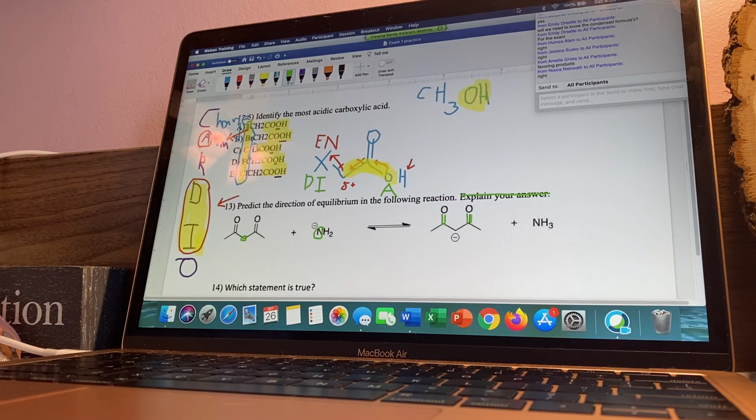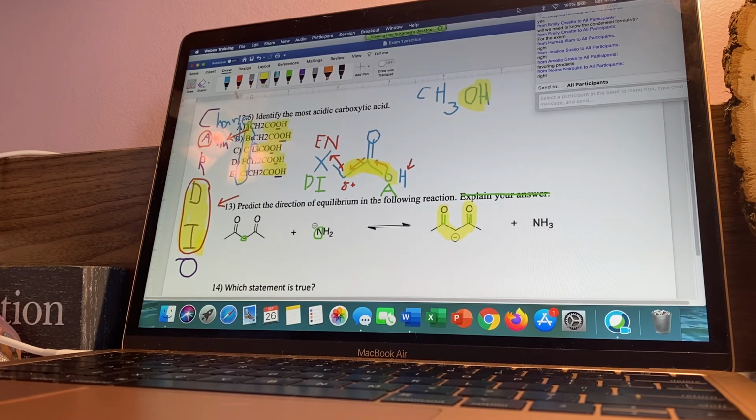They kind of guide you toward it. It's not totally perfect, but it helps. Reason being, remember how this negative charge can be delocalized onto both of these oxygen atoms now?